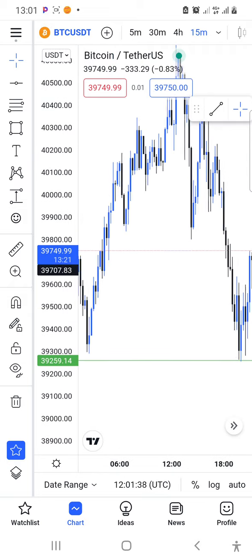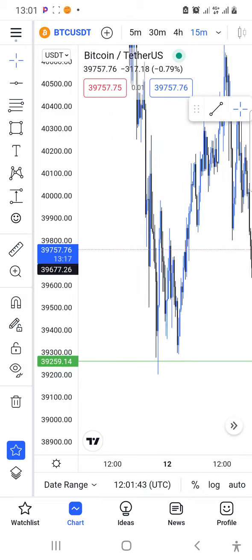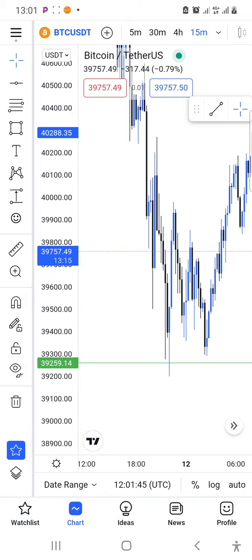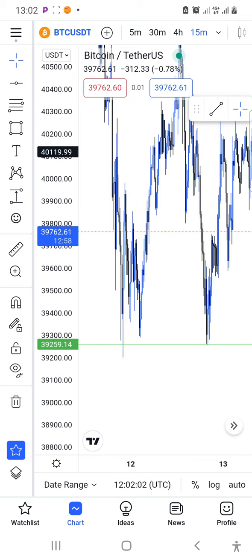So let's say we want to buy. I already said this is a liquidity void, and since price already mitigated 50% of it, the next mitigation is always between the middle of 0.236 and 0.32 of the Fibonacci levels.